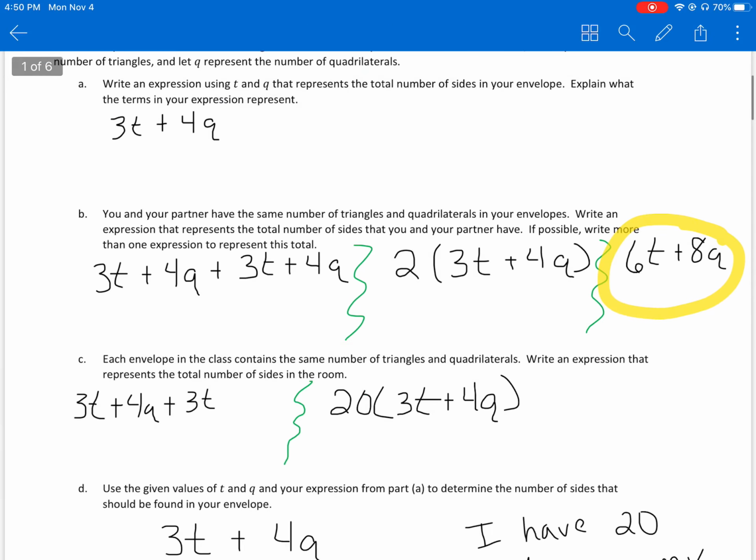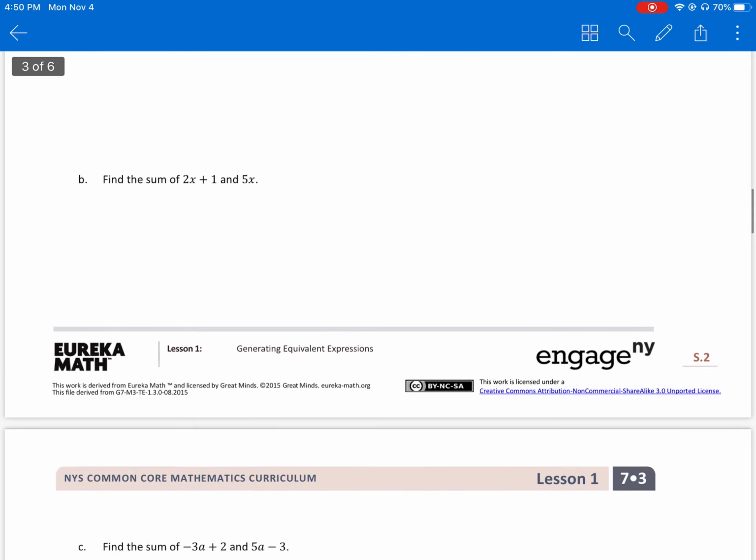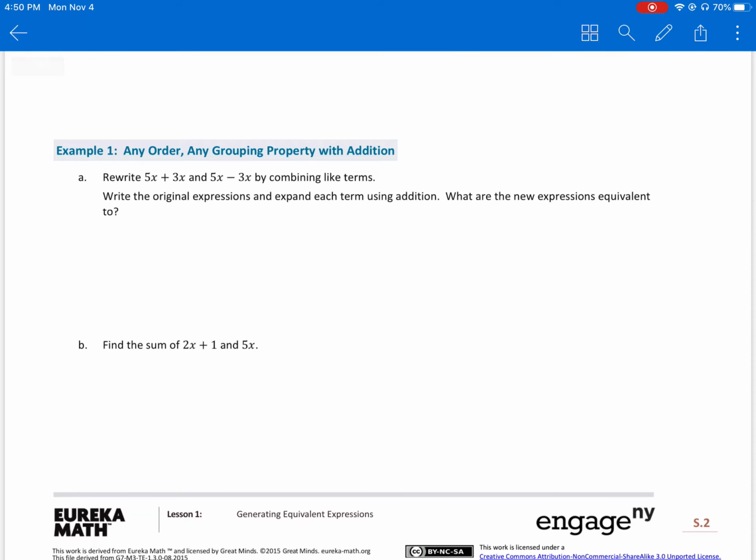Pardon for that. Let's go back into the expression. It did not save it.